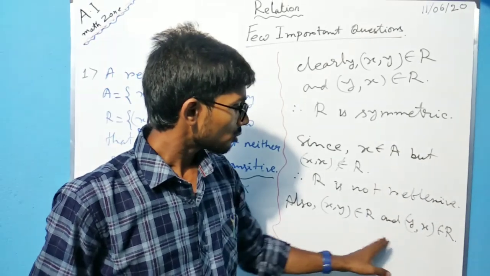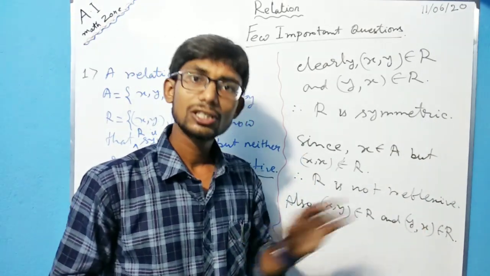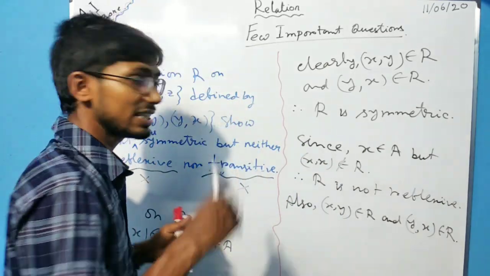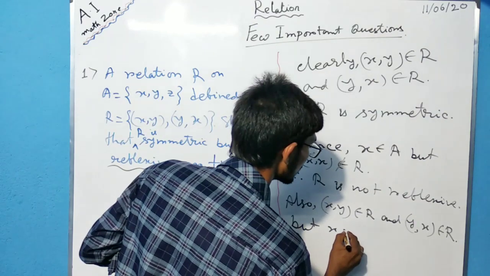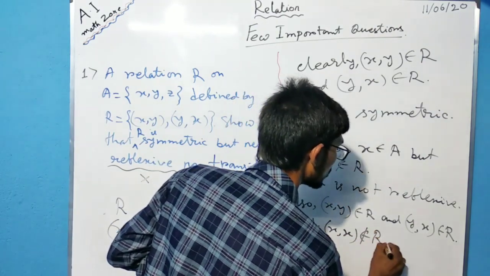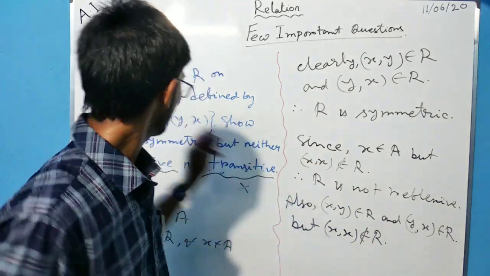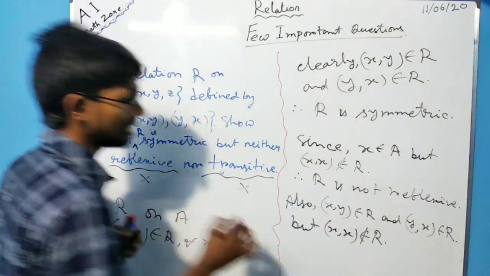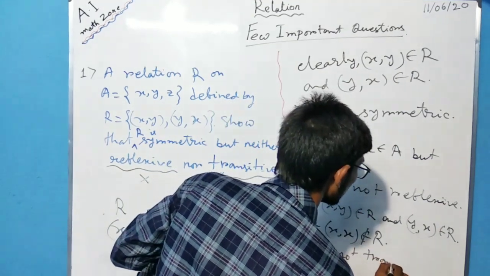But then according to the definition of transitivity, it should contain (x, x) to be transitive, right? But it doesn't. (x, x) does not belong to R, right? अगर ए एलिमेंट रहता तभी वो ट्रांजिटिव होता, लेकिन ए एलिमेंट है क्या R के अंदर? नहीं है. Therefore R is not transitive.